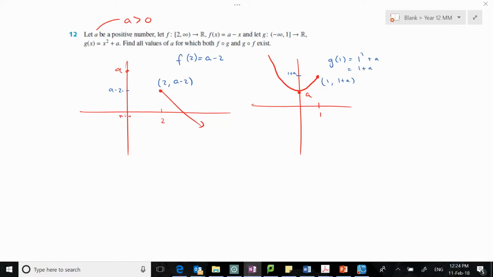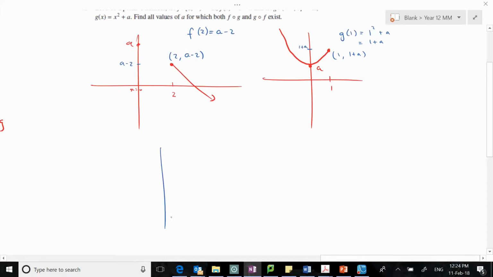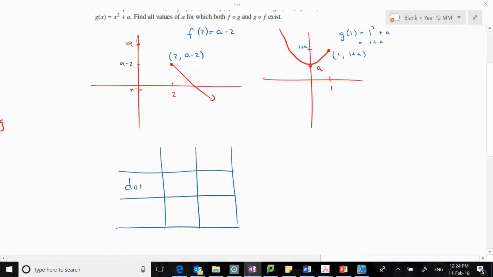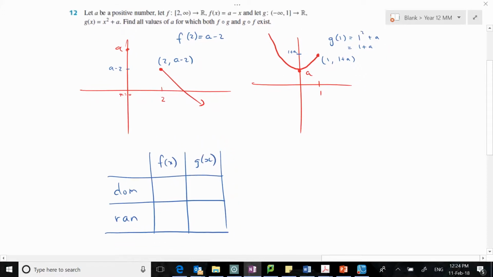Now the question is, find all values of a for which both f of g and g of f exist. Anytime you need something to exist, remember I said I would find the domain and find the range. I've got f of x, I've got g of x. Because I've drawn the picture, it's easier to have a look.